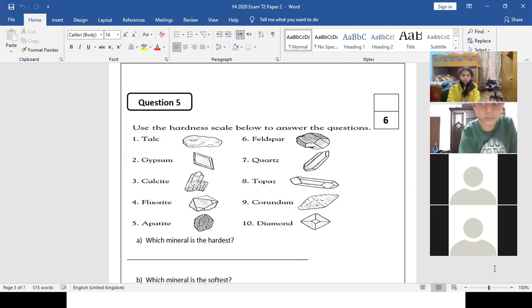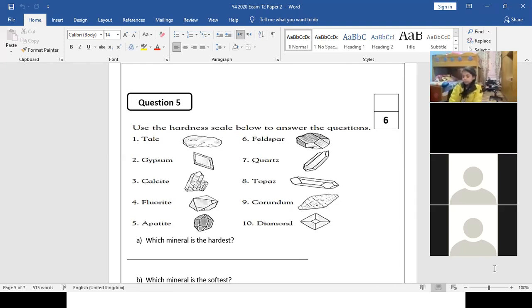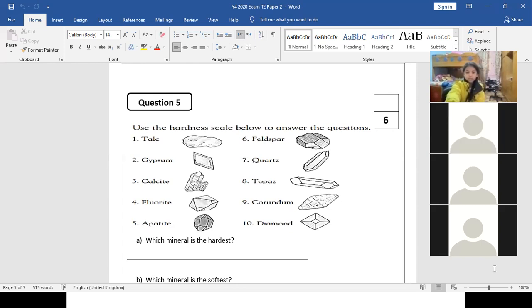Julie, are you there? Okay, Mira. Which mineral will scratch the topaz? The corundum and the diamond. Yes, the corundum and the diamond.